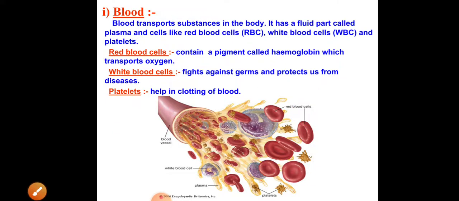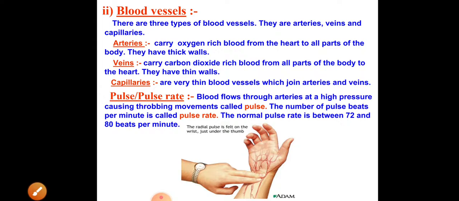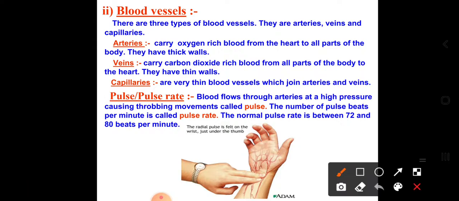Okay, children, let's continue our class. Generally, in the primitive, even though multicellular organisms, as their body size is small, the blood travels within the body cavity without having any blood vessels.